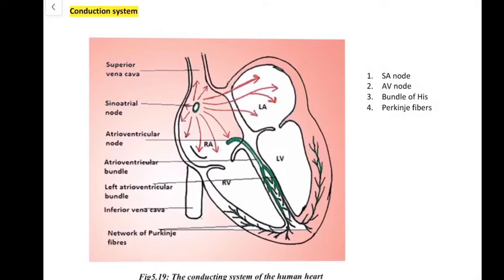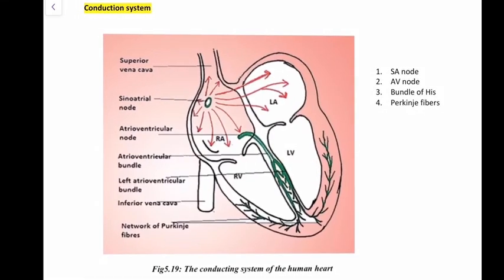Next, we are going to look at the conduction system of the heart. This is a very important system which is formed by specialized set of cells situated within the myocardium, and the function of it is to create the electrical impulses and act as a circuit that carry these impulses to the cardiac muscle, making it contract.